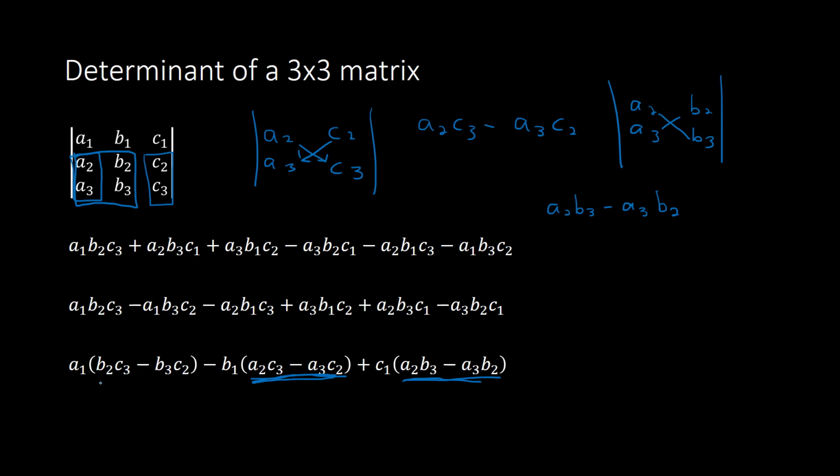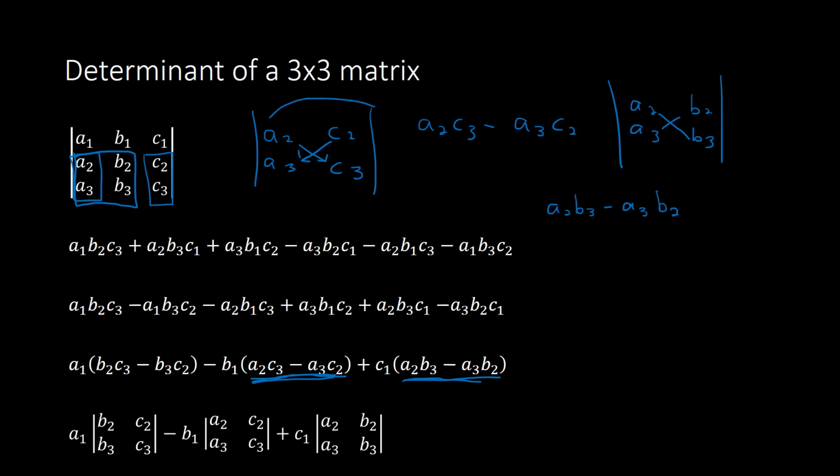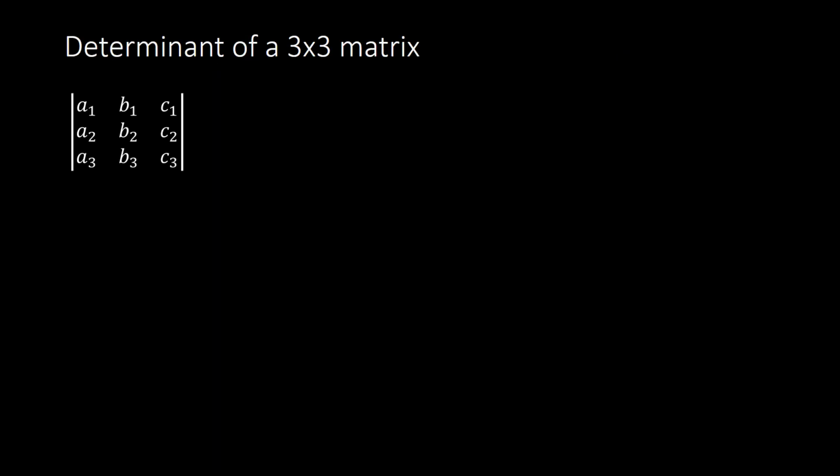So in parentheses, for each of these, I have a determinant. And the determinant is of those three matrices that I pointed out up here. These were the last two, and the first one I erased from the slide. But then, if we were to look at the original question to find the determinant of this 3x3 matrix, what we're actually doing when we find those three determinants is finding the minors of A1, B1, and C1.